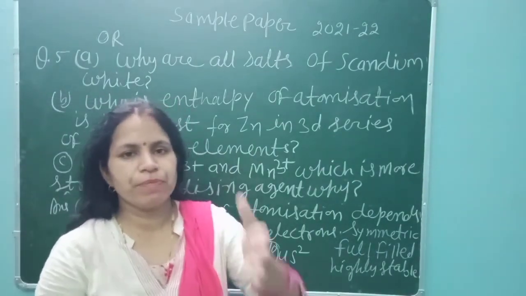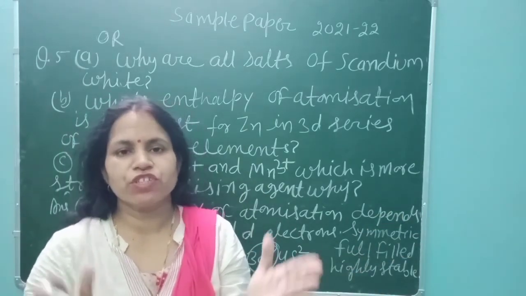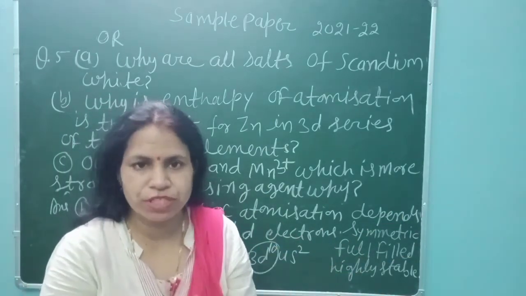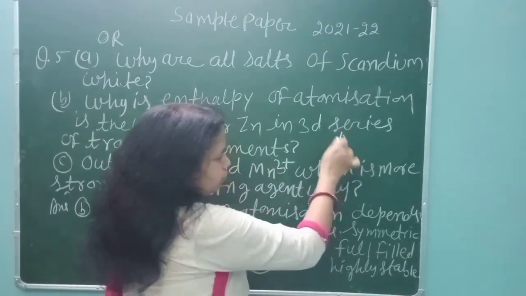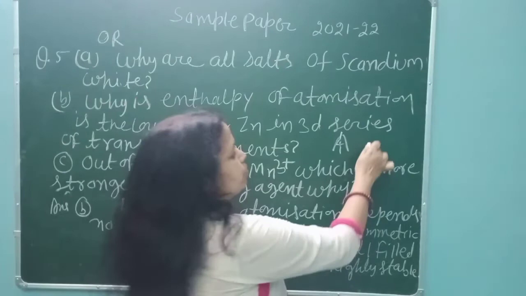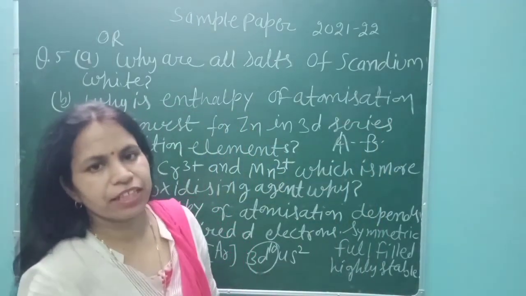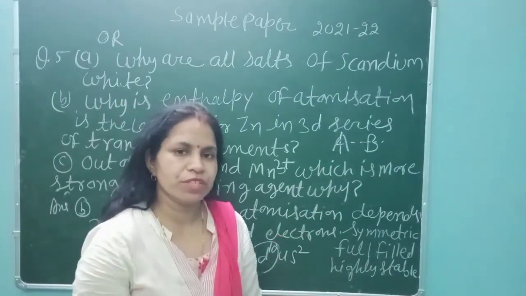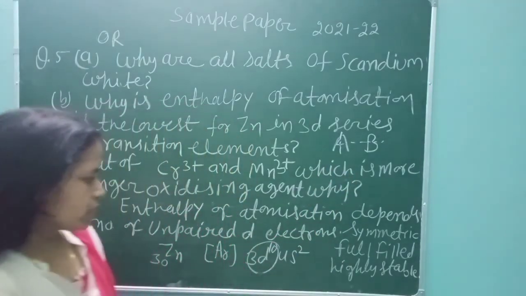Symmetry means when we bisect vertically or horizontally, there are two parts which superimpose on each other. Suppose A, if you bisect it, there are two parts. Suppose B, when we horizontally bisect, there are two parts which are superimposed. This is called symmetric. So it's clear what the second question is.